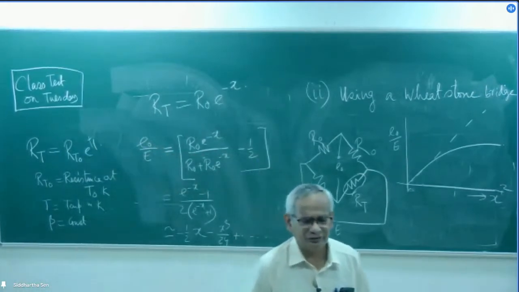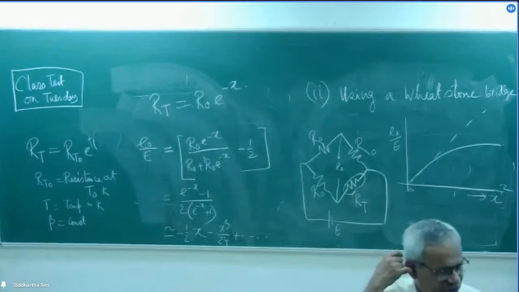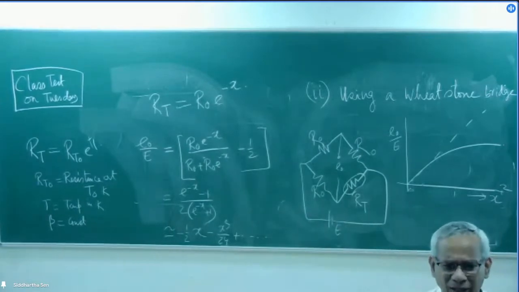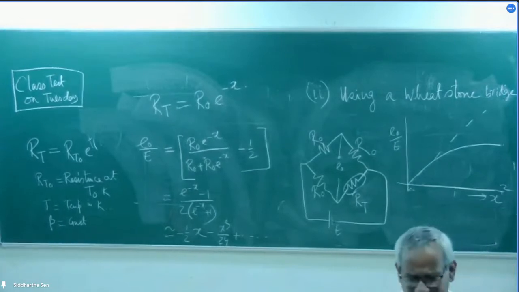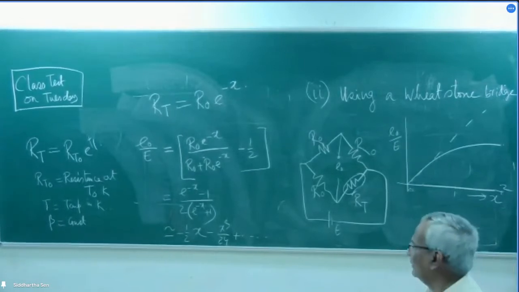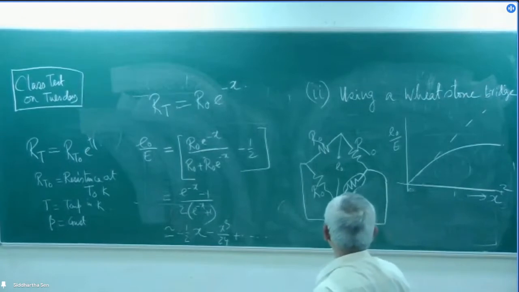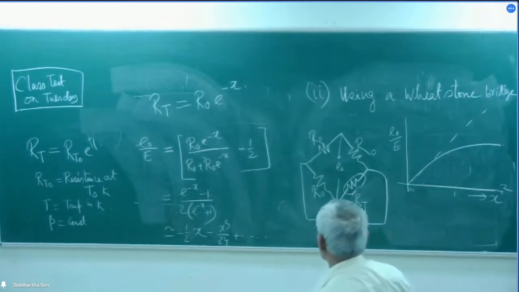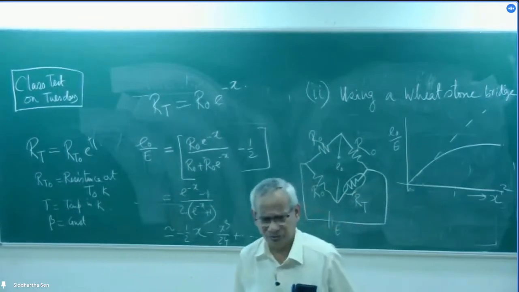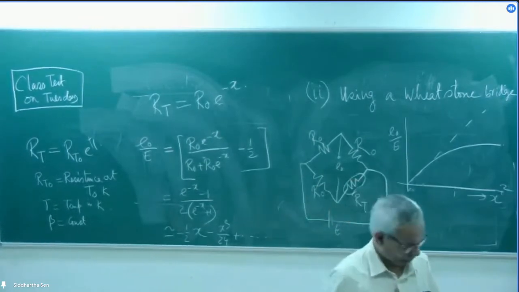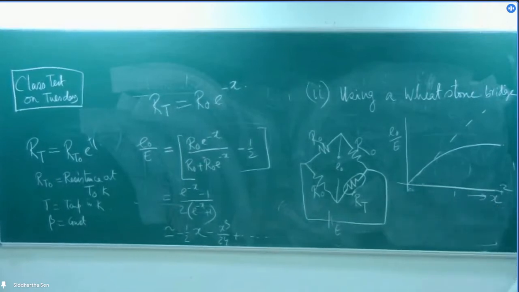That means the first nonlinearity, which is the coefficient of x square, is vanishing, which makes it really interesting that the bridge nonlinearity and the thermistor nonlinearity get cancelled out, and we can improve the linearization of this one. So I will stop here about the thermistor.